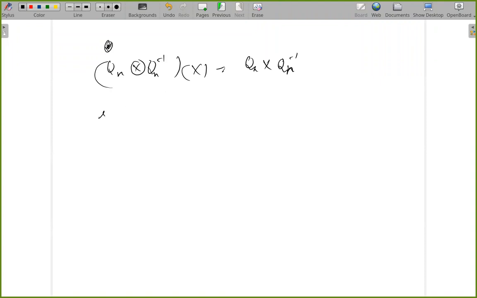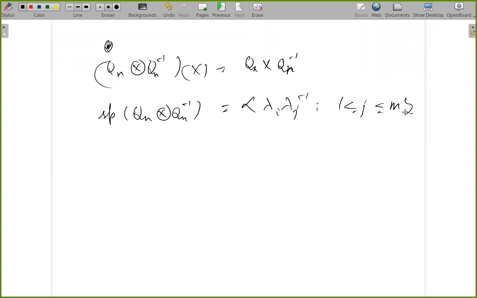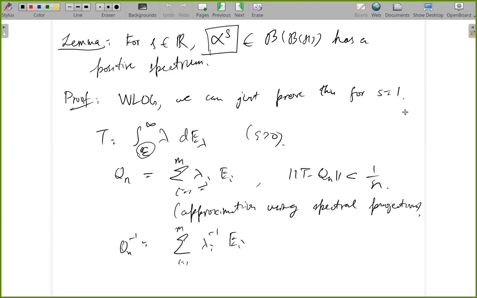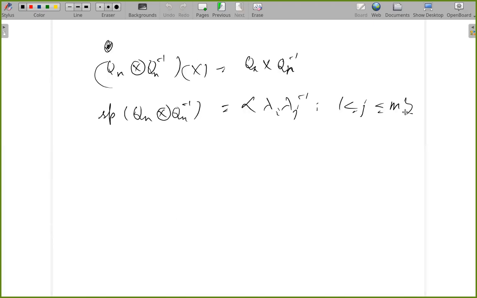All right. And what can we say about the spectrum of Qn tensor Qn inverse? This is exactly equal to lambda_i lambda_j inverse, 1 less than or equal to i, j less than or equal to m. Why is that? Simply because I have to write it out.